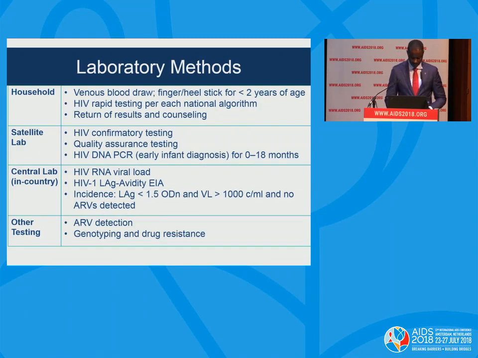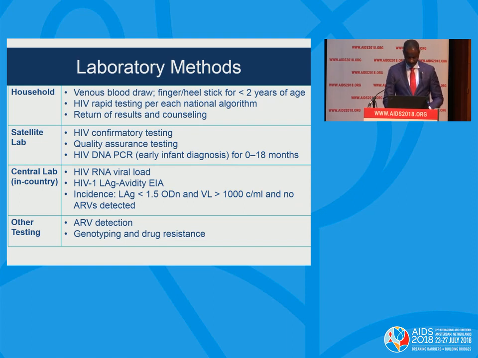Now, to come to the lab, testing is conducted at 4 levels. In the household, blood was drawn and HIV testing occurred based on the national algorithm, with results returned to the participant during the same visit. So at the satellite lab, all HIV positive samples were tested with an HIV confirmatory test.